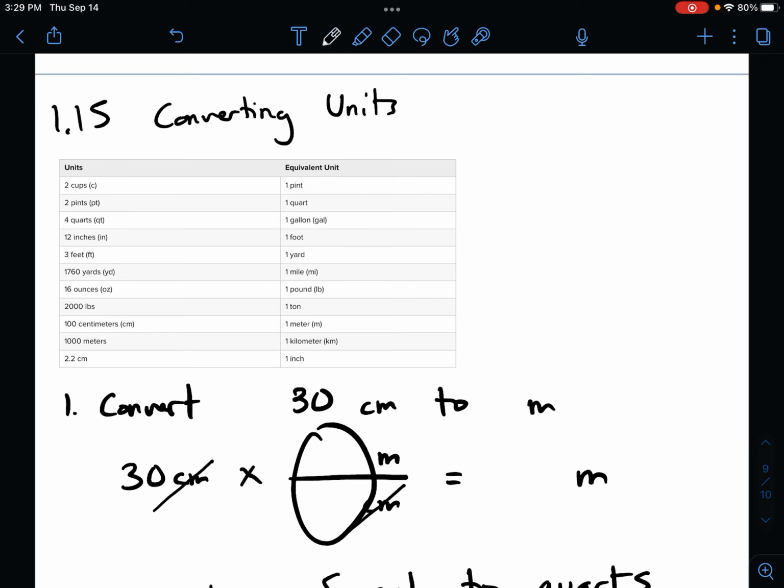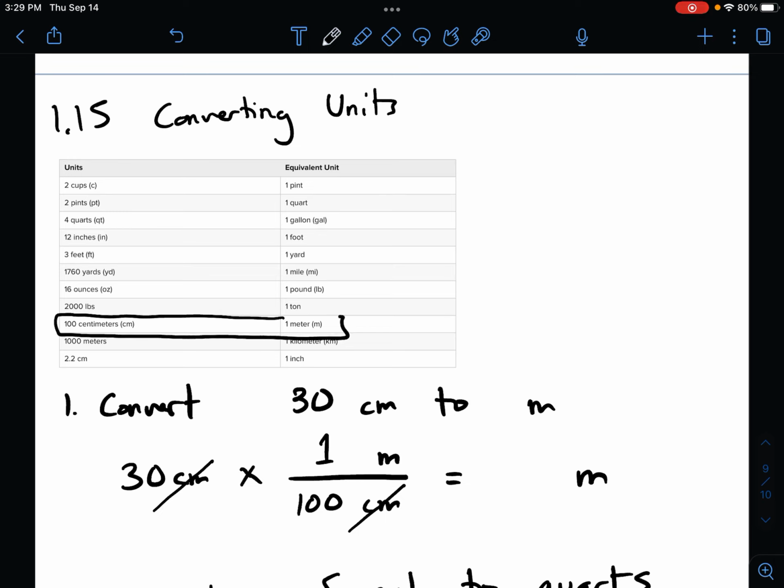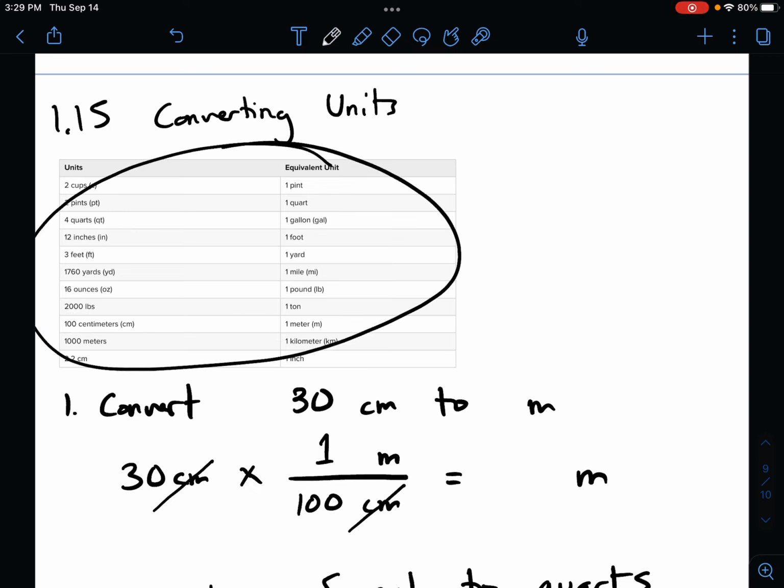So in this fraction here, what numbers go here are just the conversion factor, right? And I know that in 1 meter, there are 100 centimeters. It tells me that right here. All right. Now these you should already know on your own. If you do not already know these, then these are things that you're going to have to memorize. All right. So this should be in your head.